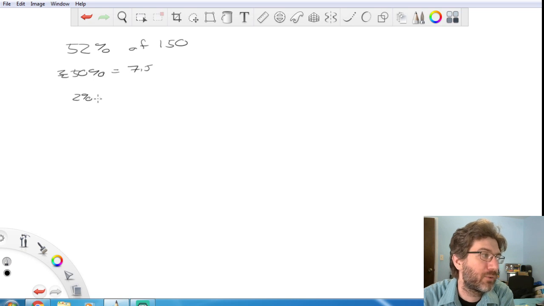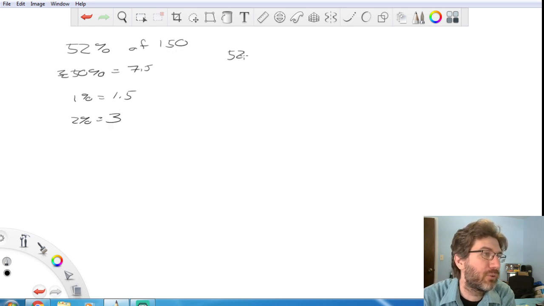Well, in order to find 2%, we need to find what 1% is. For 1%, you move the decimal twice, so that equals 1.5. And you want 2 of them, so 2% would be twice this, which would be 3.